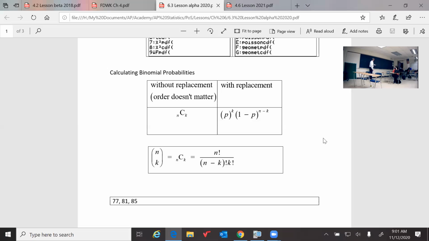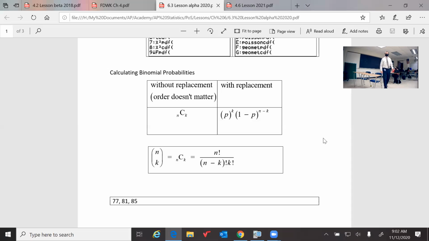Except we could succeed on the first roll, or the second roll, or the third roll. So there are 3 ways that can happen. So we would say 3 choose 1. This is the probability of getting exactly 1 when you roll the die 3 times.